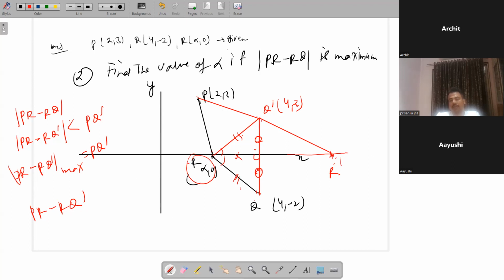It means that this R will lie over here. If PR minus RQ dash is equal to PQ dash, of course R has to be here. Then only we can say that this distance minus this distance would be equal to PQ dash. It means that again, P, Q dash and R will be collinear.